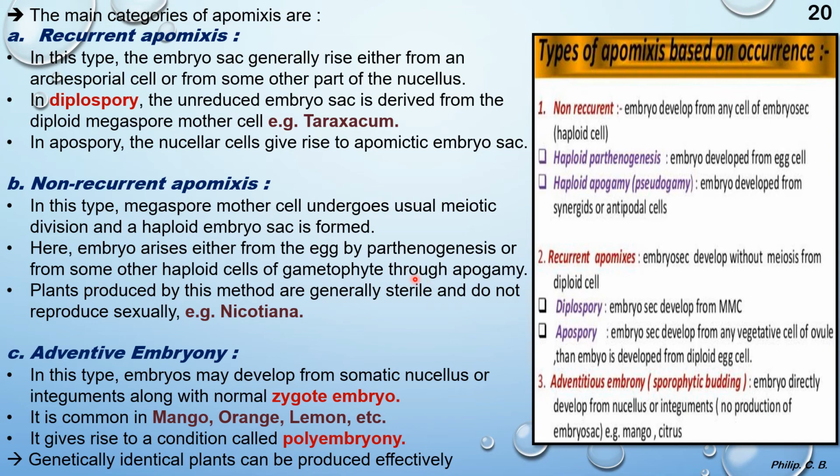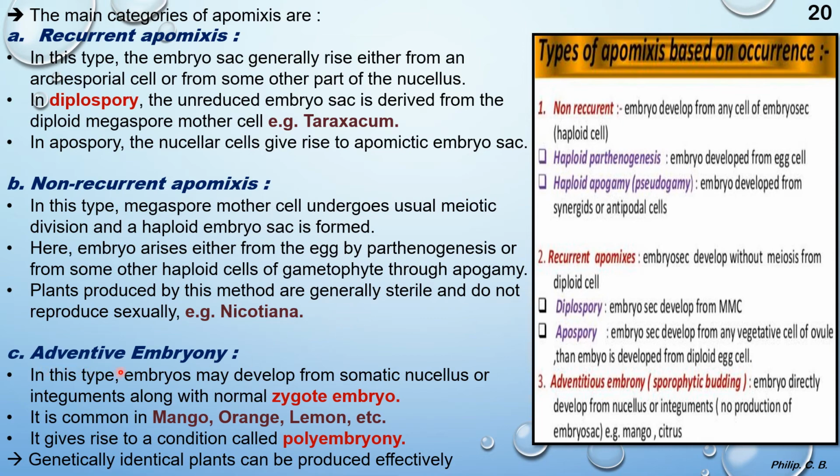Plants produced by this method are generally sterile, so they are not fertile and cannot reproduce sexually. Example, Nicotiana. If I add the species over here, it is Nicotiana tabacum, the tobacco plant.